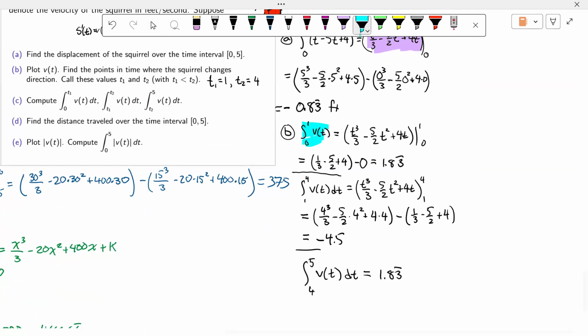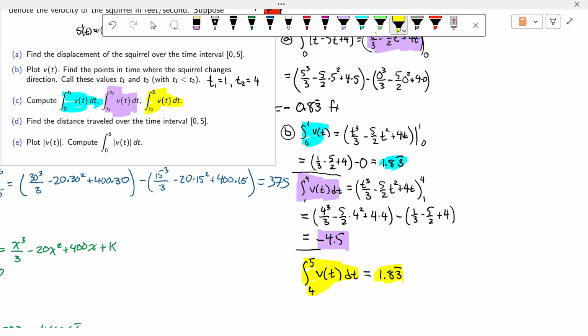This is this integral here, and we got 1.833. This is this integral here, and we got -4.5, and this is this integral here, and we got 1.833. All of these units are in feet.